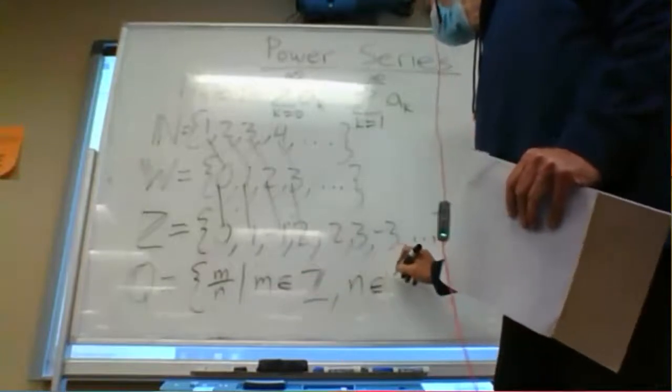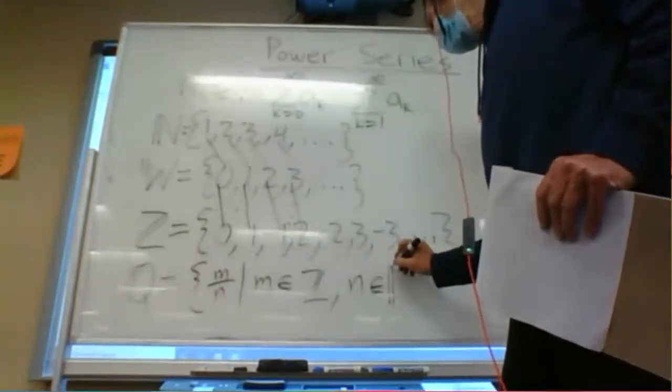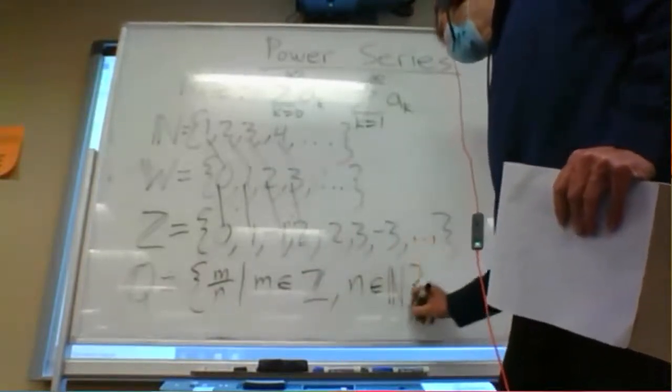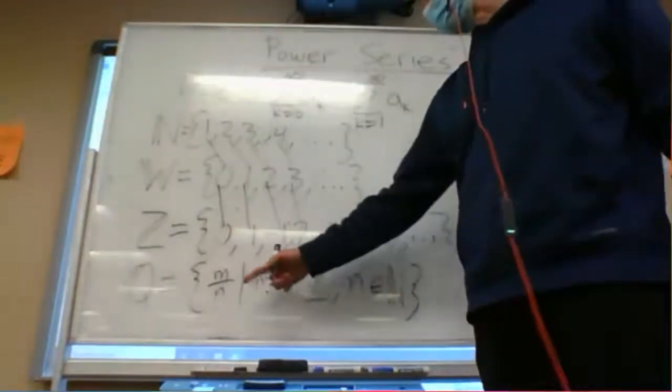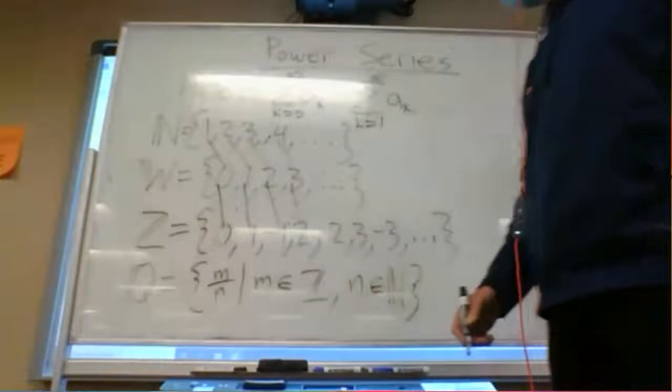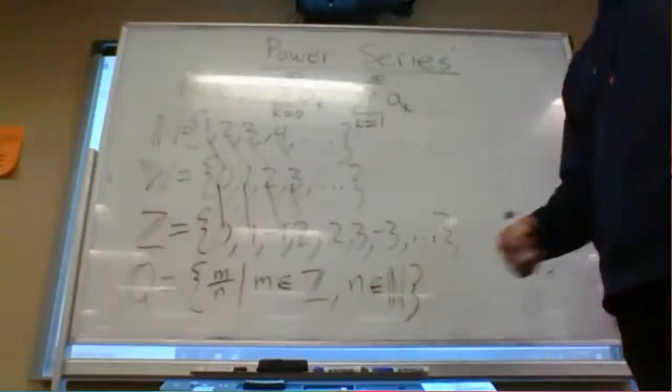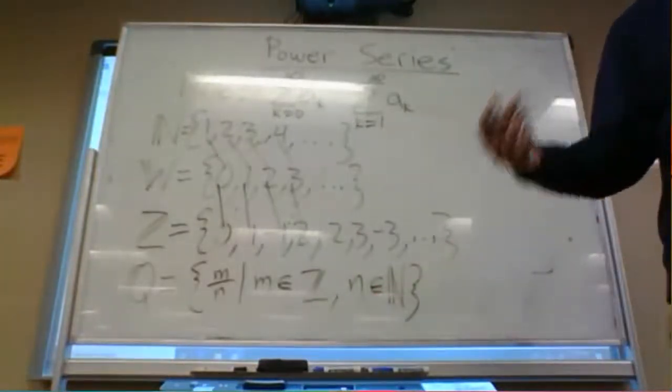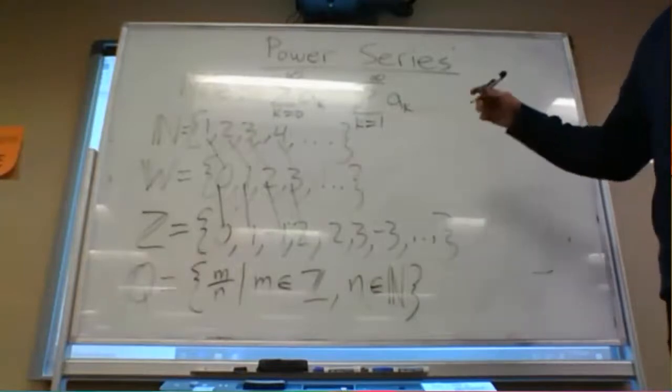So this means m is an element of the set of integers, and n is an element of the set of natural numbers. You can put a negative on the bottom too, but it just repeats some of the values. Now some of these are the same, like 1/2 and 2/4 are the same, so some of these are equal. But even so, actually, this turns out to be the same size.